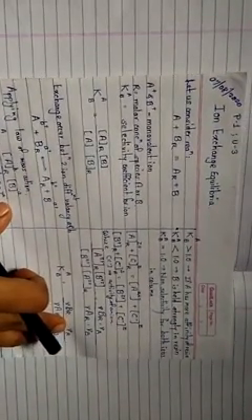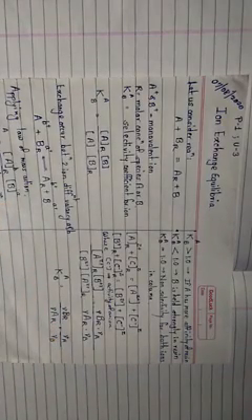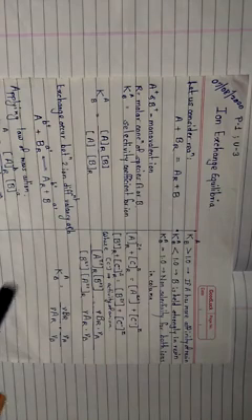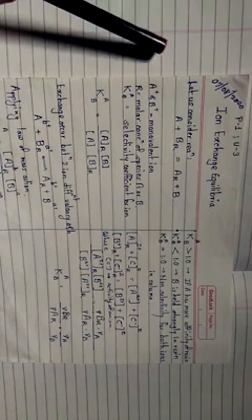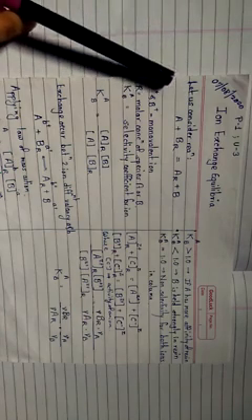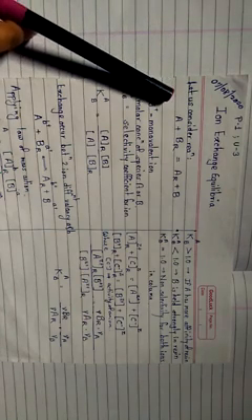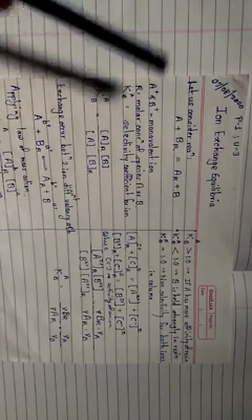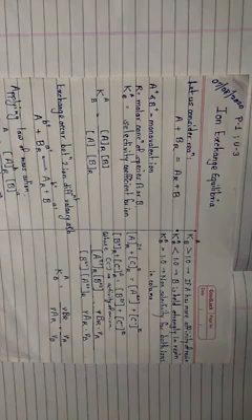Good morning to all. Today we are going to see the next point, ion exchange equilibria. For ion exchange equilibria, we consider the general reaction: A+ plus BR is equal to AR plus B+.